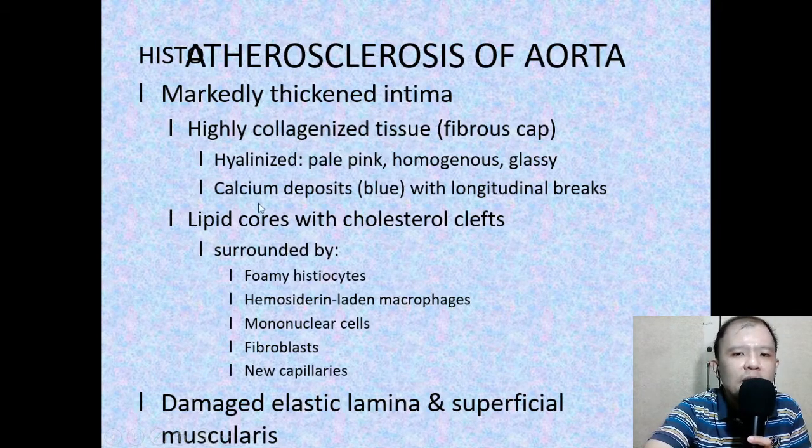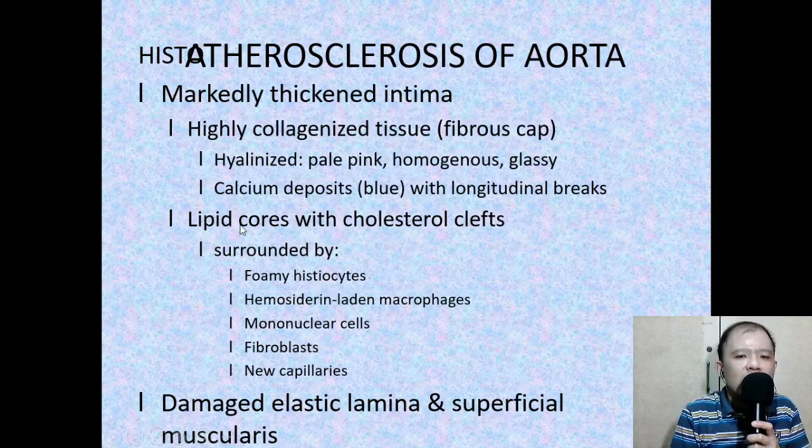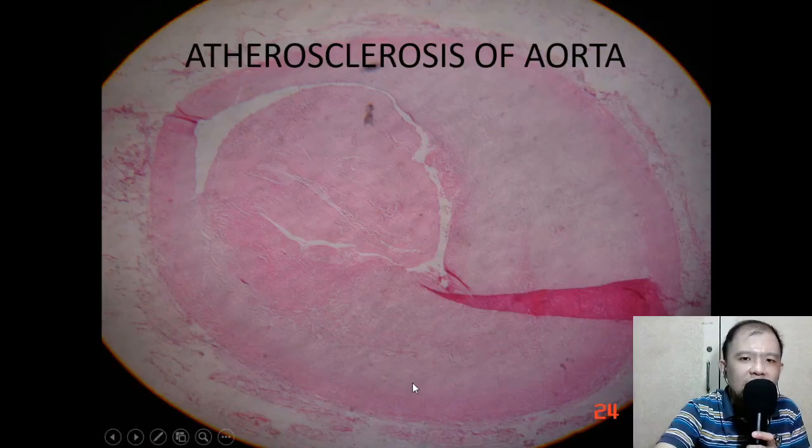Okay, and the lipid core is composed of all the cells that eat up the fats. So you see the foam cells, you see the LDL, low density lipoprotein, the cholesterol, and a damaged elastic lamina and superficial muscularis.